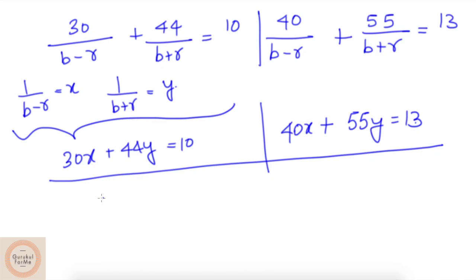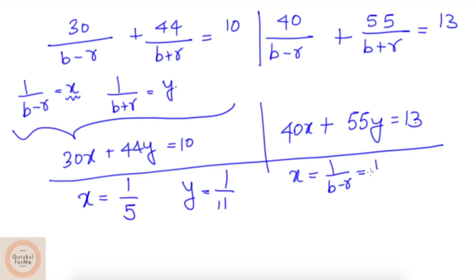Absolutely. If you find the answer for x, I don't know, you have to find for yourself, but you will get x equal to 1 by 5 and y equal to 1 by 11. I will not solve it, come on, it's too elementary, that's spoon feeding. So I will eventually get that value for x, and I know what x is. x is equal to 1 divided by B minus R, and that is equal to 1 by 5.